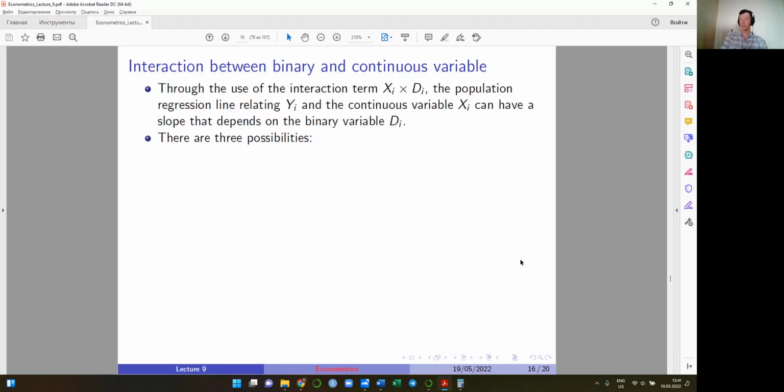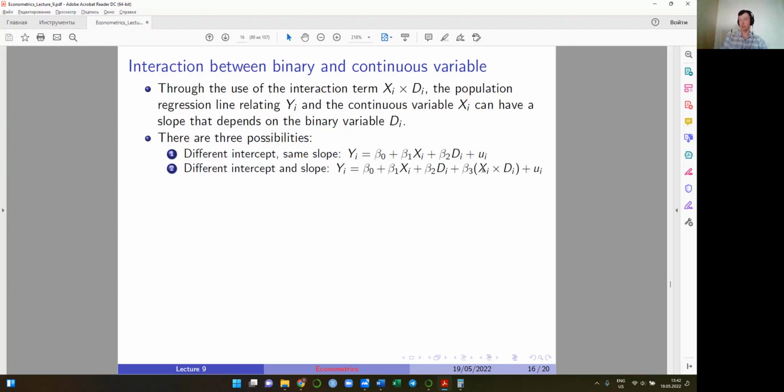So there are three possibilities for how we can apply the binary variable. One possibility is familiar to us: the continuous variable separately, the binary variable separately, and in this case we will get the same slope, the same estimate of the causal effect, but different intercepts. And usually we don't care about intercepts.